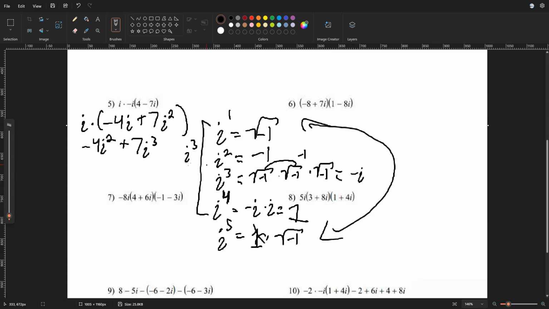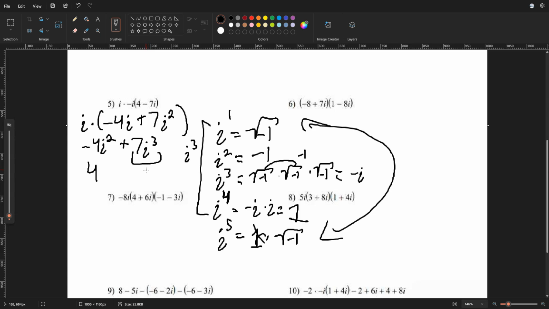So now we have, again, i times negative 4i being negative 4i squared, and then i times 7i squared being 7i cubed. So now we can evaluate this. We know i squared is negative 1. We have a negative 4, so it's going to be 4. And then we have 7i cubed.